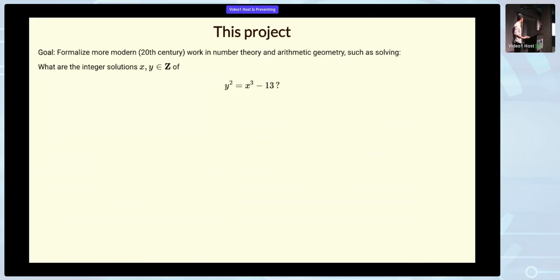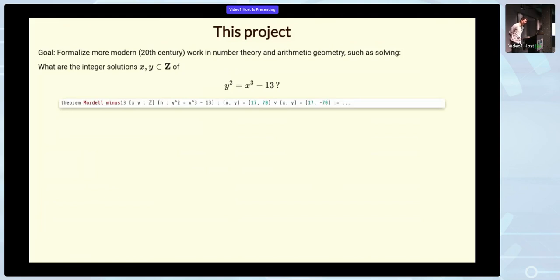Whether this thing has a solution or not is entirely non-obvious from looking at the equation. There's really no way to tell without trying a bunch of numbers and seeing what happens. So this is the main result of our formalization. We're really aiming to build a toolkit that we can approach many other problems with, but this is maybe the hardest one that we managed so far, with this equation y squared is x cubed minus 13.